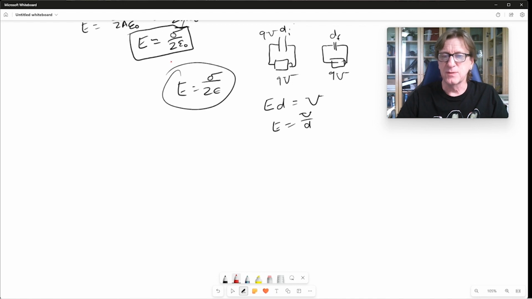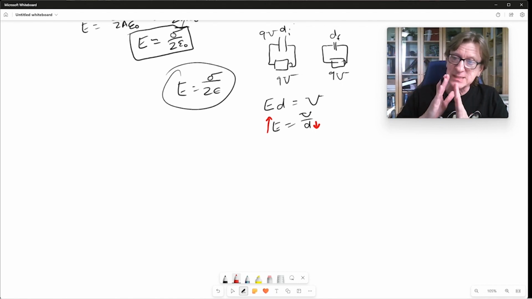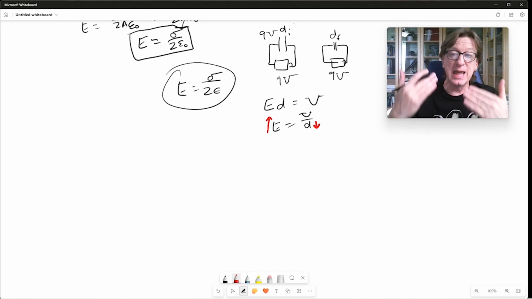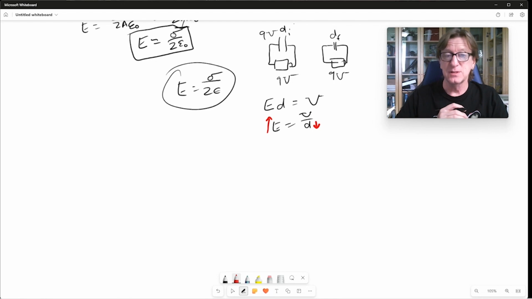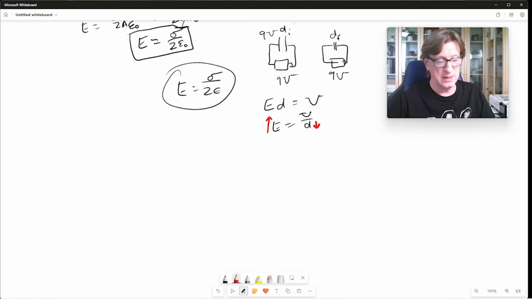So ask yourself, if D goes down, what has to happen to the electric field? It has to increase because they are inversely proportional, the D's in the bottom. So by bringing those plates together, I'm not changing the electric potential, but therefore I am changing the strength of the electric field. So the electric field is going to be stronger in that case.